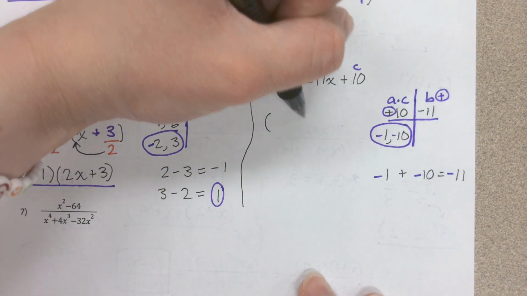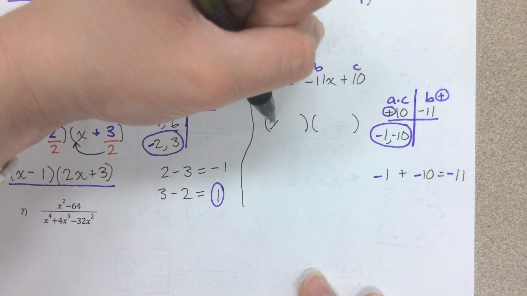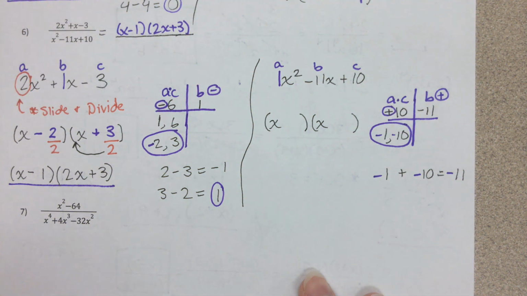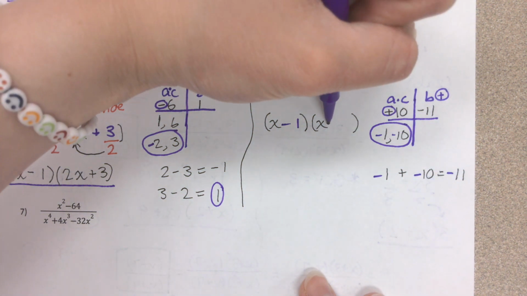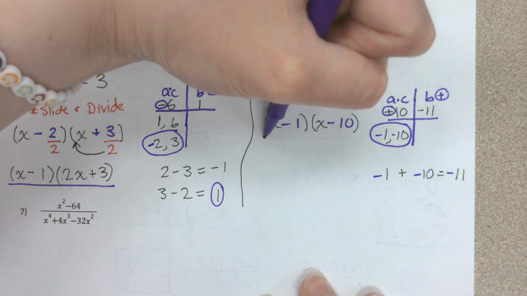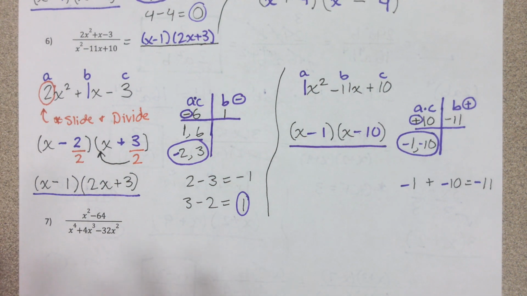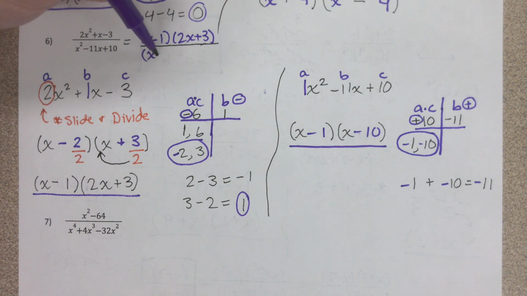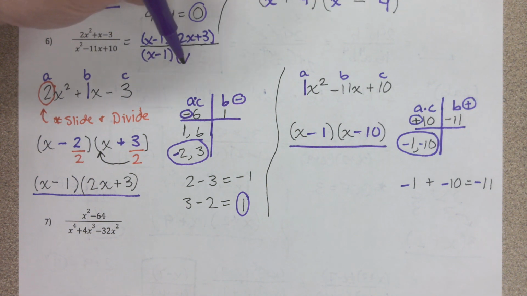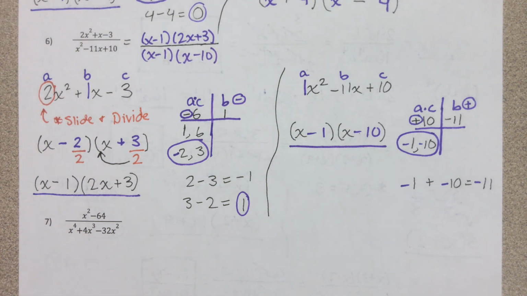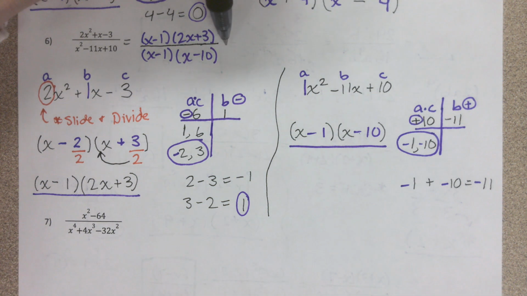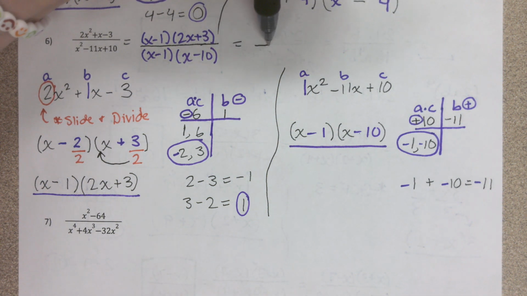Let's set it up. We have our x's in the front. We have -1 and -10. And now I'll replace that up in the original problem. X minus 1, x minus 10. I'm going to write it once more before I mark it up.